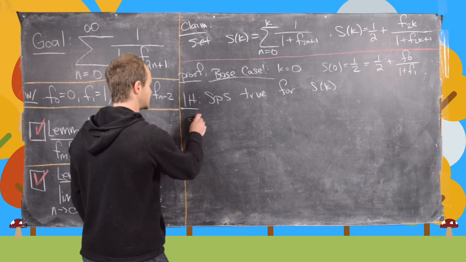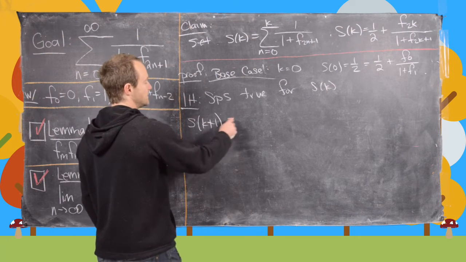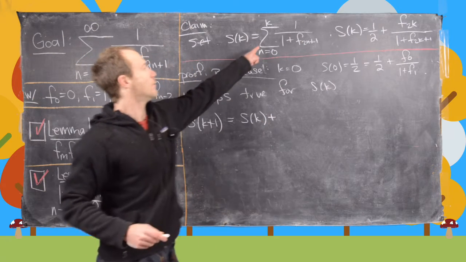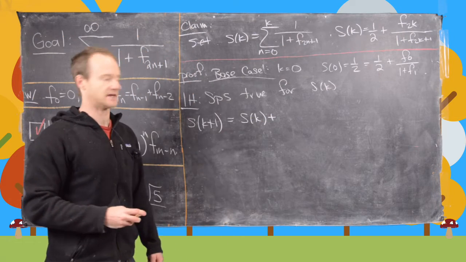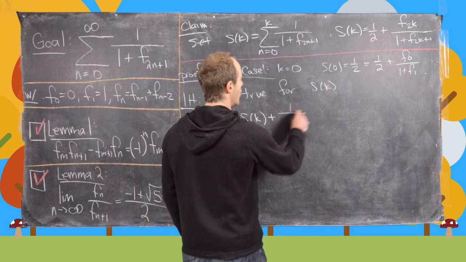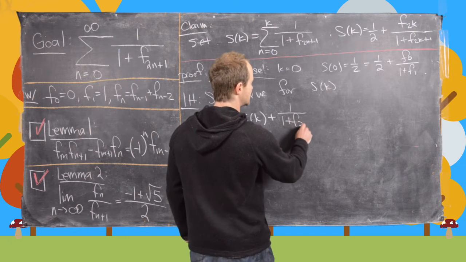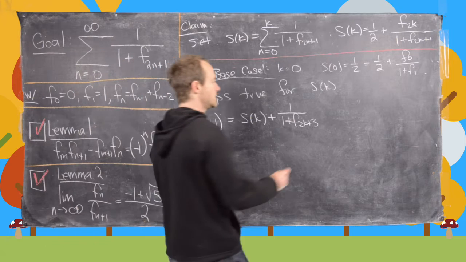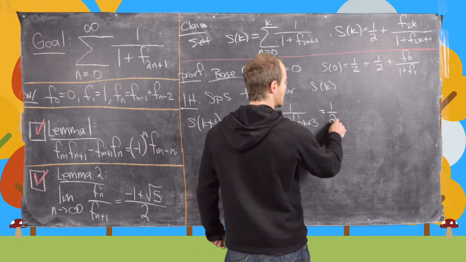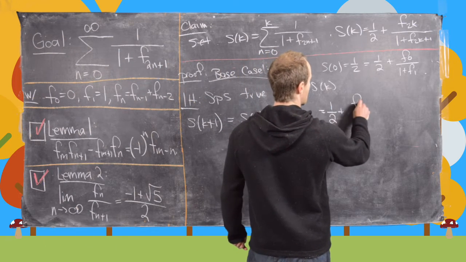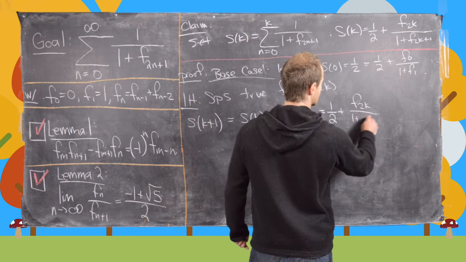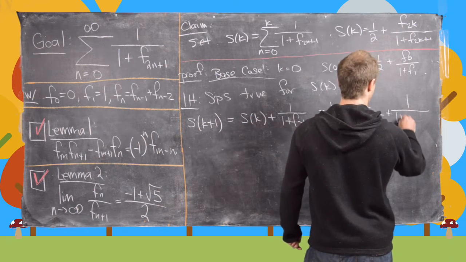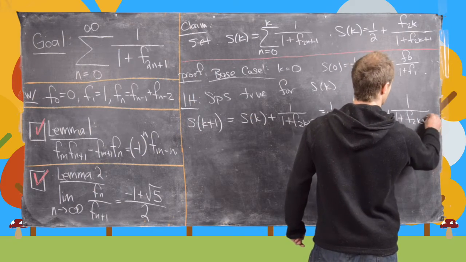And now let's look at Sk plus 1. Notice that's going to be Sk plus what we get if we plug k plus 1 into this. So that's going to be 1 over 1 plus f sub 2k plus 3. Okay, good. Now writing that out, we get 1/2 plus f2k over 1 plus f2k plus 1, plus 1 over 1 plus f2k plus 3.